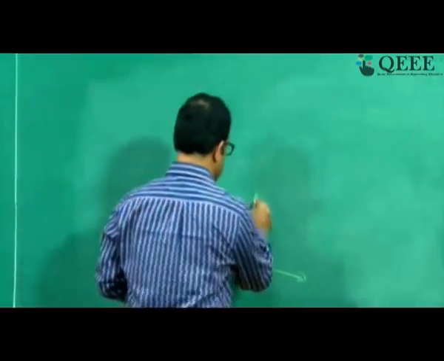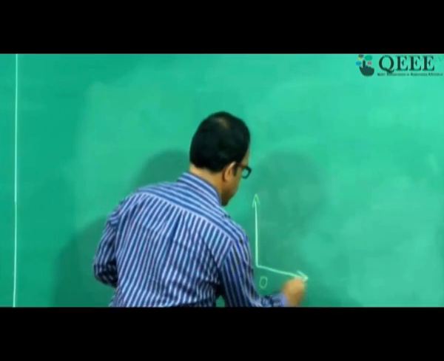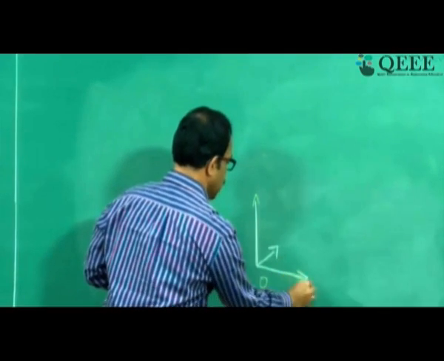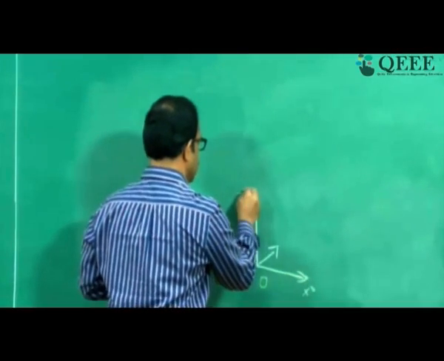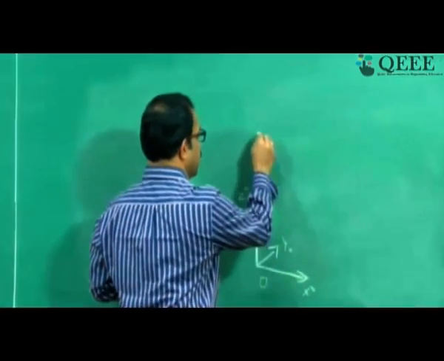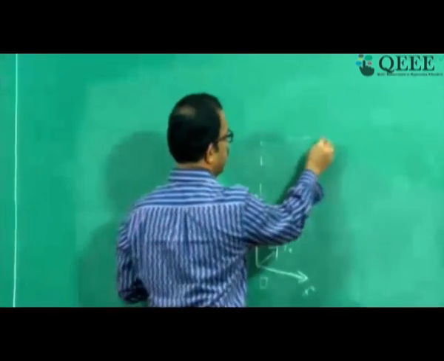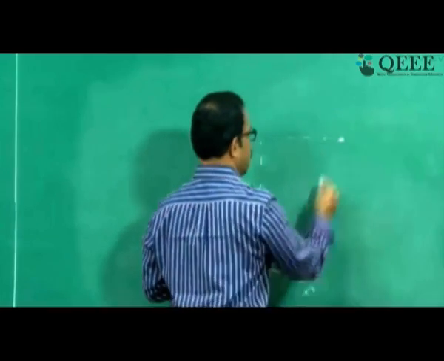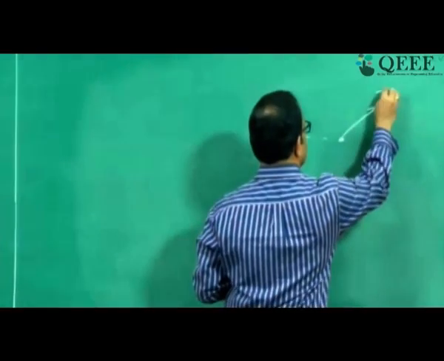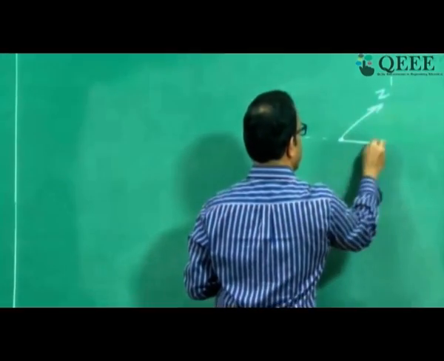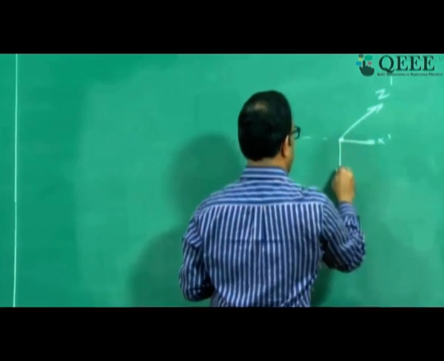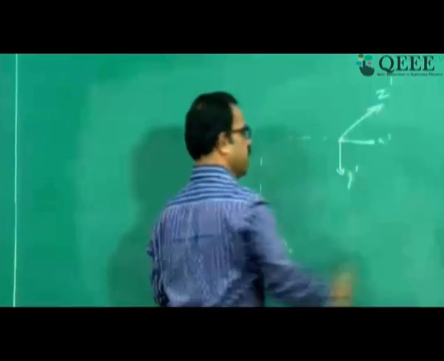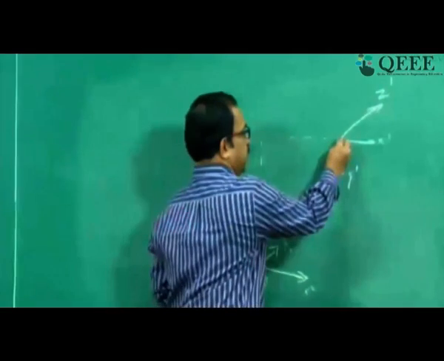So I have one coordinate frame here. Assume that I have a coordinate frame here x0, z0 and y0, and I move these coordinates and reach this position with a z1, an x1 and a y1. So this is the way I have a new coordinate frame here.